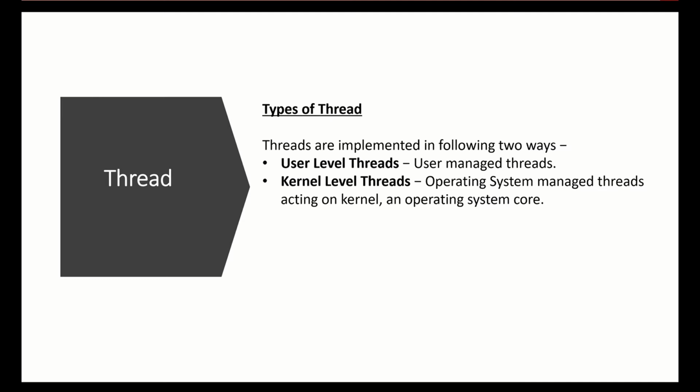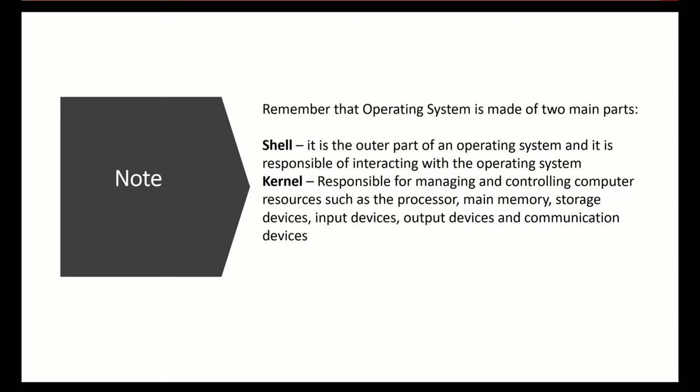So, talking a little bit about the main parts of an operating system. We know that an operating system is made of two main parts: a shell part and a kernel part. The shell part is the outer part of the operating system, which is responsible for interacting with the user.